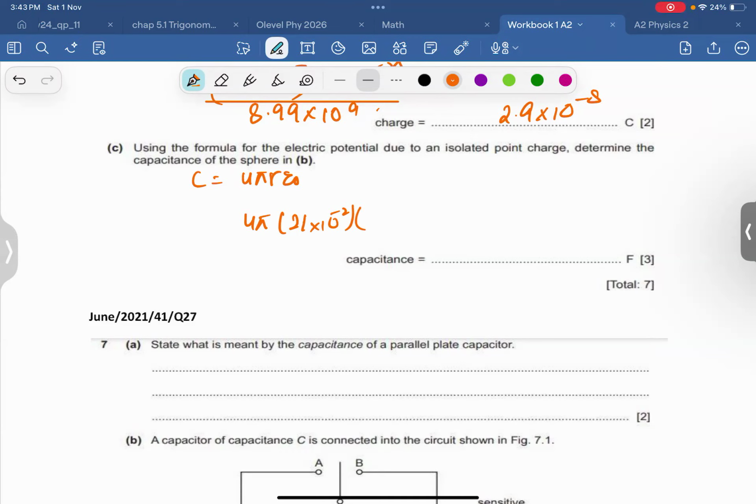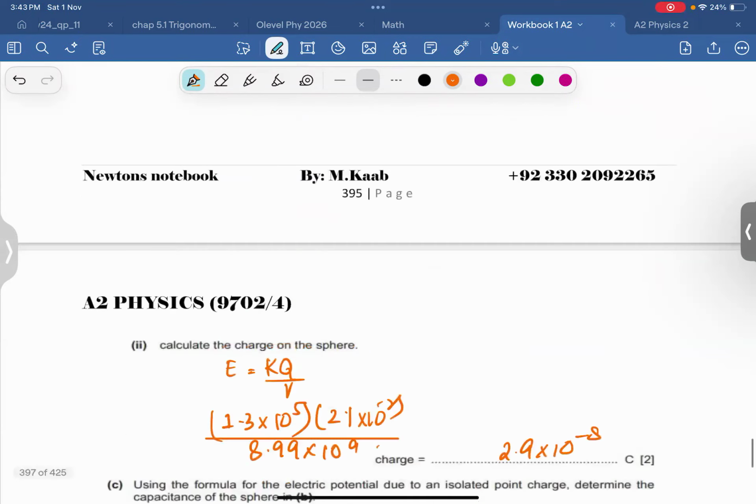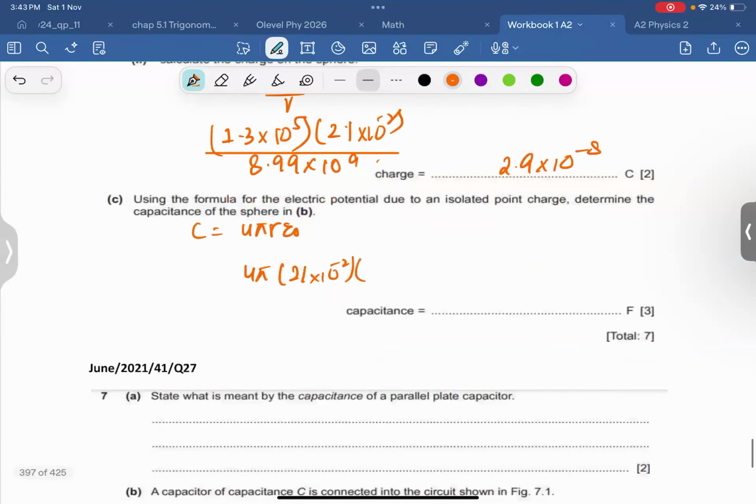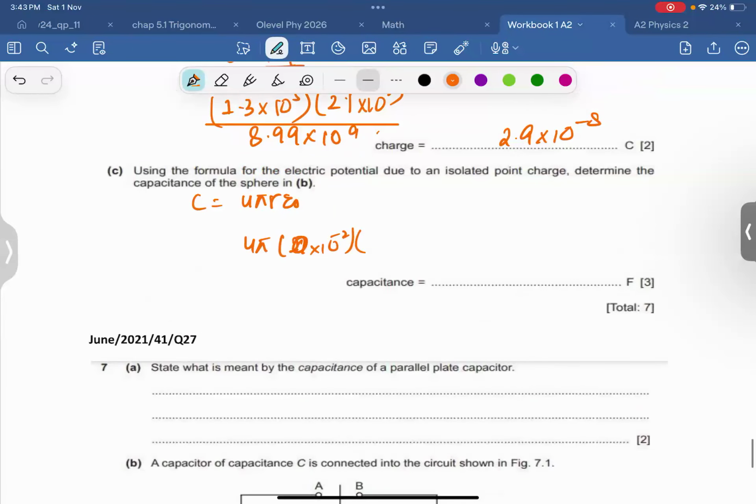And we have the radius done, pi done, and epsilon naught has a value of 8.85 exponent negative 12. So I'm getting the capacitance value as 2.3 exponent negative 12.